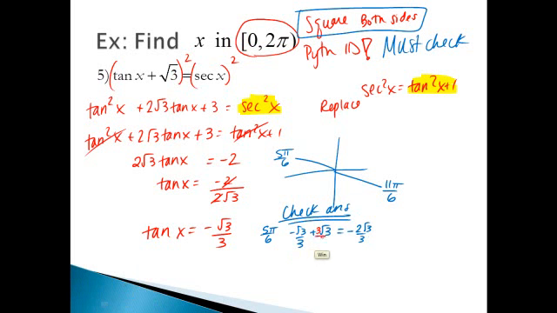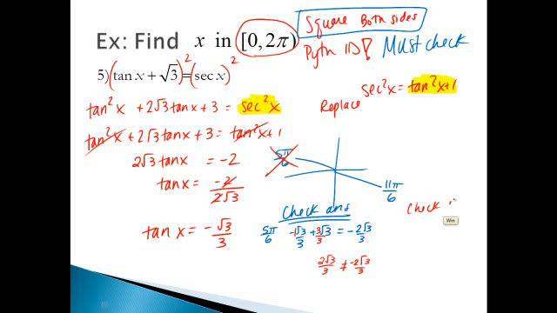This is a root 3 over 3. That's the same thing. And then negative 1 plus 3 gives me 2 root 3 over 3, which is not equal to negative 2 root 3 over 3. So right now we have shown that the 5 pi over 6 does not work.